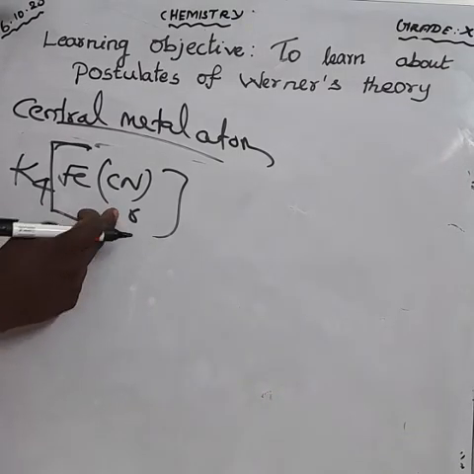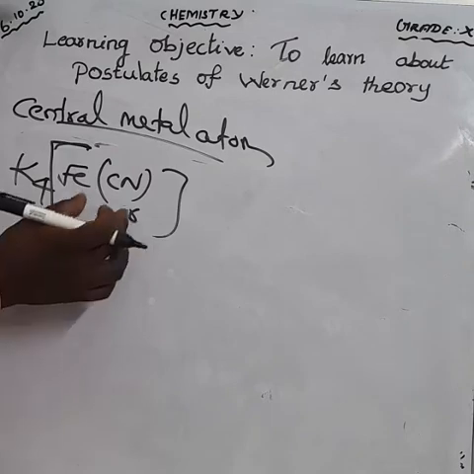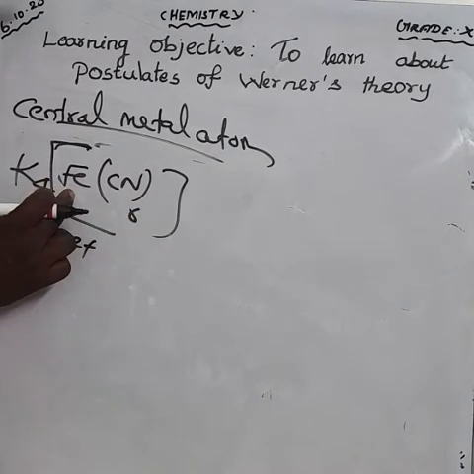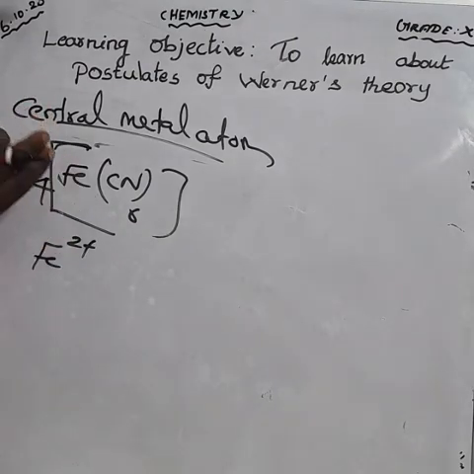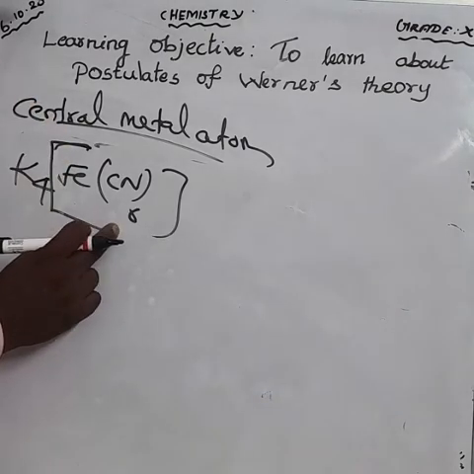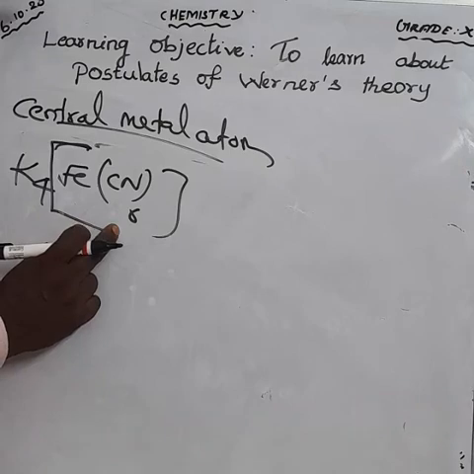I will explain the ligand next. CN is always attached to the central metal ion. Therefore, here there are 6 coordinate covalent bonds.